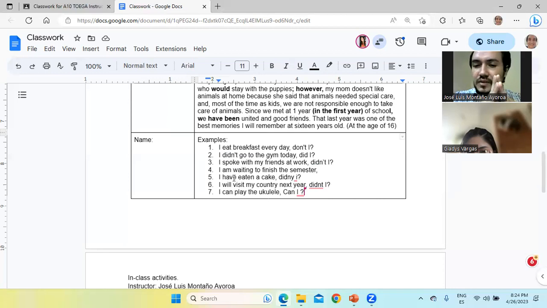What is the auxiliary of the present perfect? Remember, it cannot be did because did is the auxiliary of simple past, right? What is the auxiliary in number 5 in the present perfect? It's easy because the auxiliary in the present perfect is always there in affirmative, in negative, and in questions.